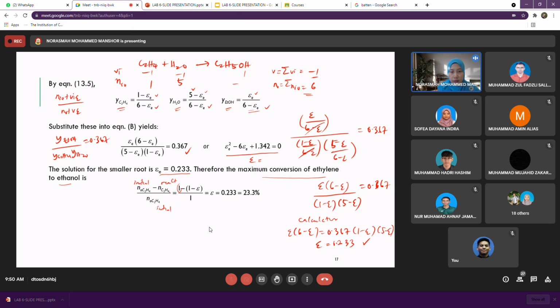Okay, and C2H4 yang react tadi untuk C2H4 yang ni 1 minus epsilon. Okay, yang ni initial dia 1, so dapat epsilon. So maximum conversion dia adalah sama dengan epsilon 0.233 or 23.3%. Okay. Boleh.